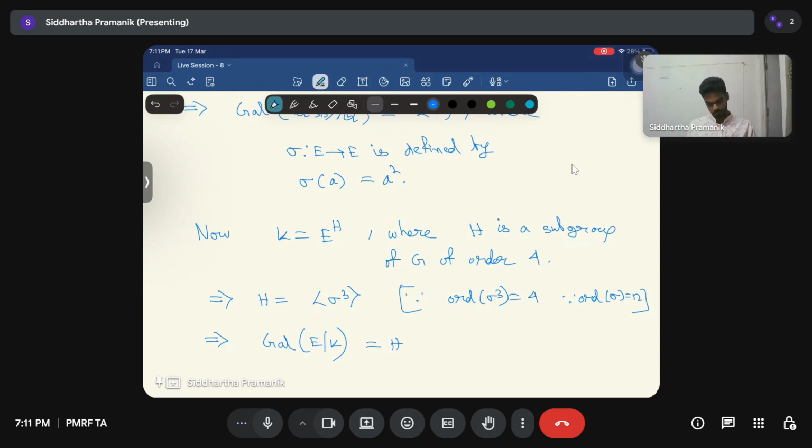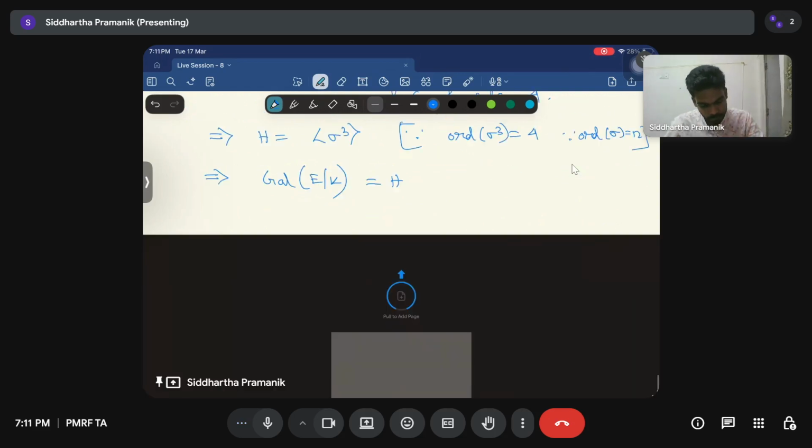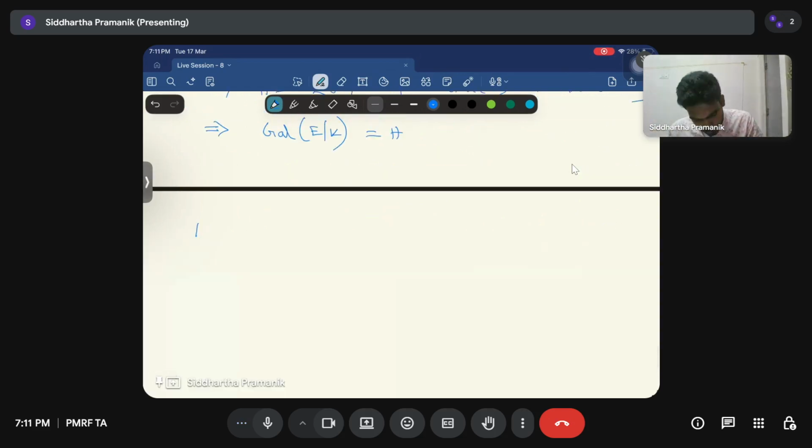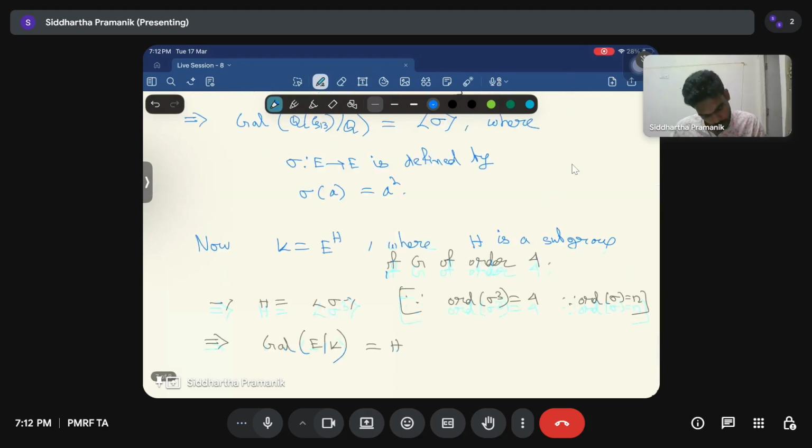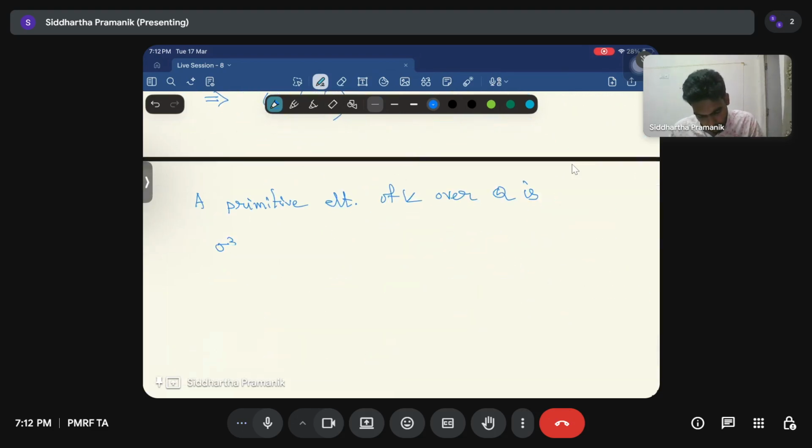So now a primitive element of K over Q is basically, so sigma cubed applied to zeta 13 plus sigma squared cubed, which is 6, applied to zeta 13 plus sigma cubed cubed, which is 9, applied to zeta 13.